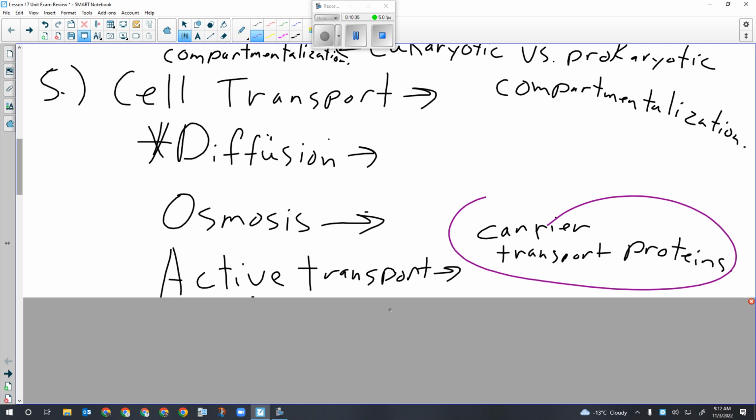When we went over that lesson, I made you write that in on your notes. And I've mentioned it again today and circled it. Do you suppose it would be part of the level of detail for a question about active transport? Nod your heads yes. Okay.